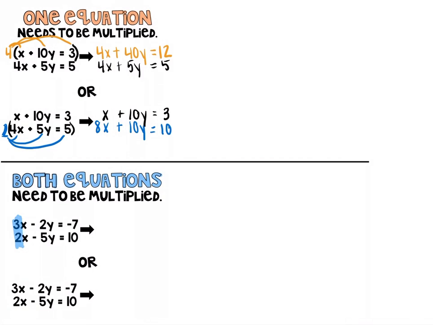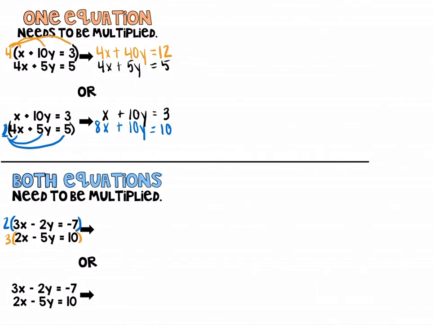So for here, we're going to make the x's match. So how do we make them match? We have to figure out what number we have to multiply by. So I'm going to multiply this by the coefficient down here. So we're going to multiply by 2. And this one, I'm going to multiply by the coefficient up here, so I'm going to multiply by 3.